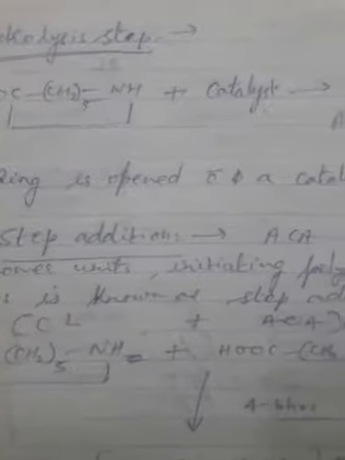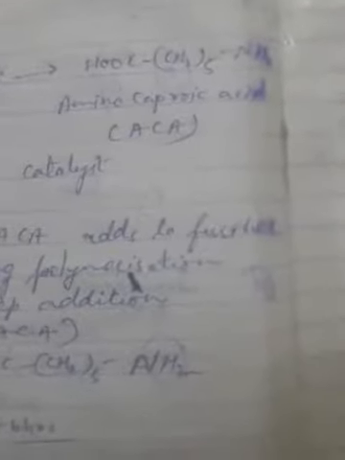You can see here the caprolactam added to catalyst gets hydrolyzed, and by addition of a water molecule, caprolactam gets converted into its respective amino acid, that is aminocaproic acid, and this ring is opened with the help of a catalyst.